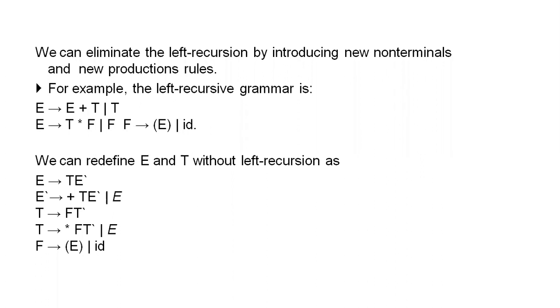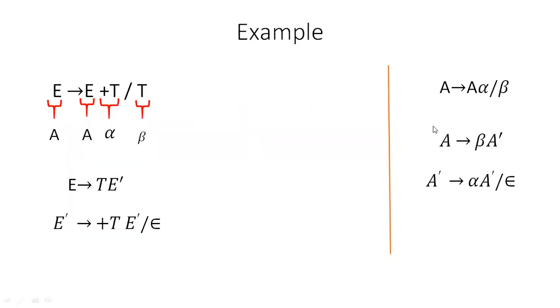If the grammar has any left recursion problem, then we can easily eliminate it by mapping the grammar to this syntax and modifying the rule with these two production rules. This is the concept of how to eliminate left recursion.